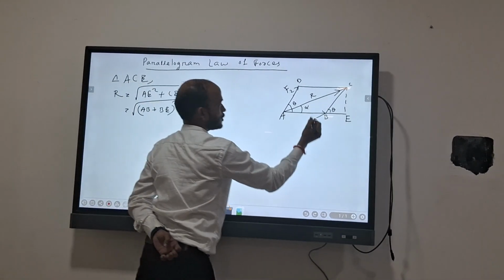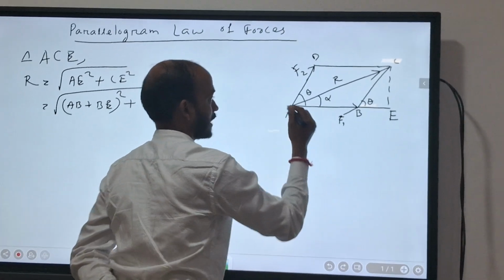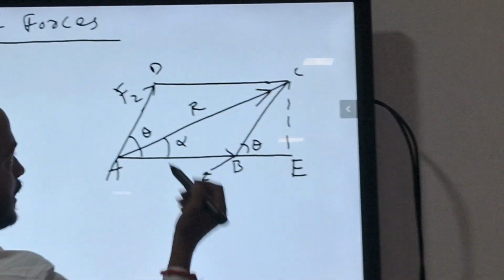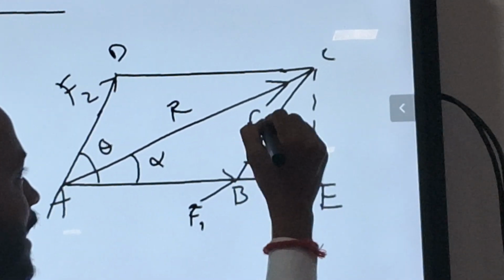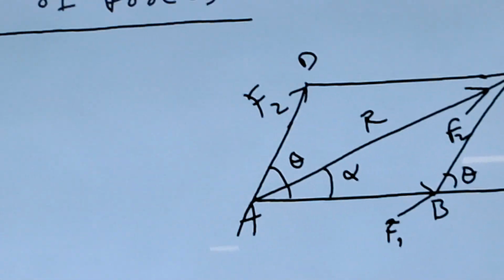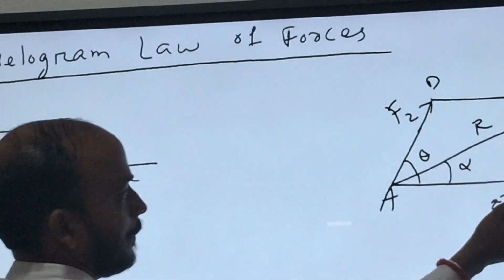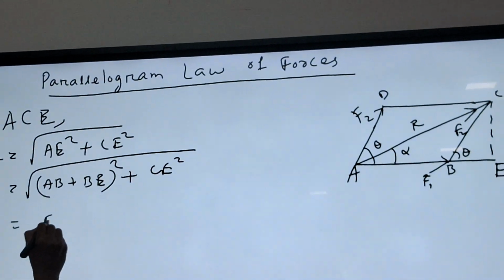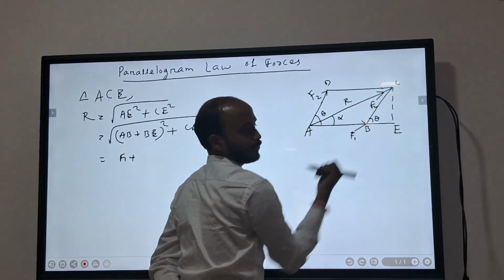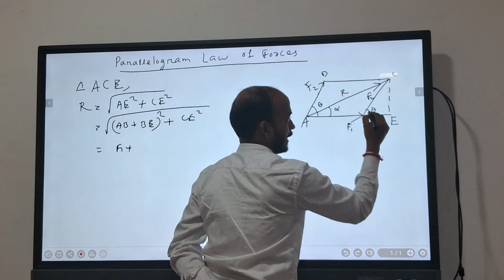What is AB? AB is your force F1, the first force, and AD is equal to BC, which can be written as F2. So we can write AE as F1 plus B. What is B? Here the force is F2, and the angle is theta.